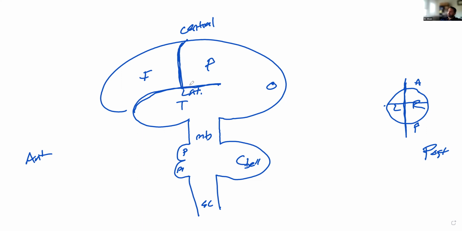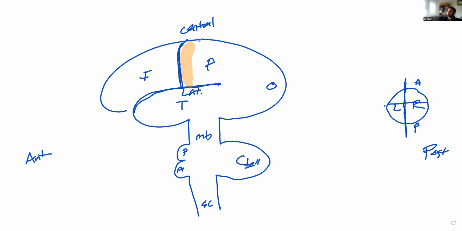We have an area right here, just posterior to the central sulcus. Let's go back to the pen.